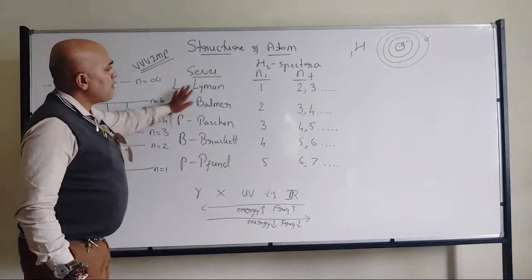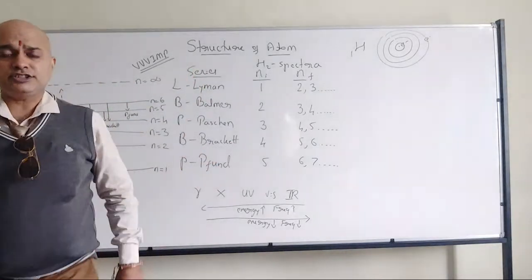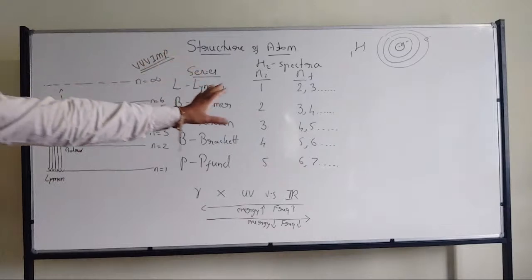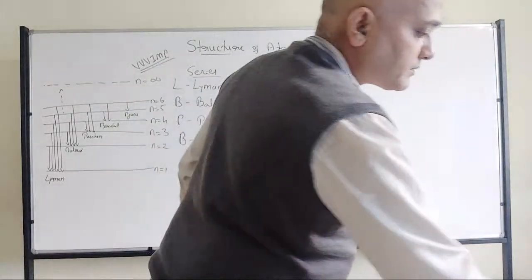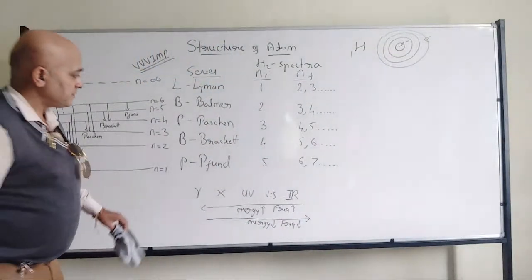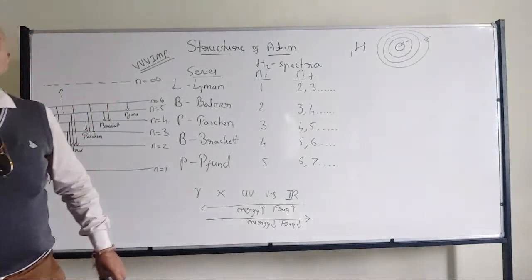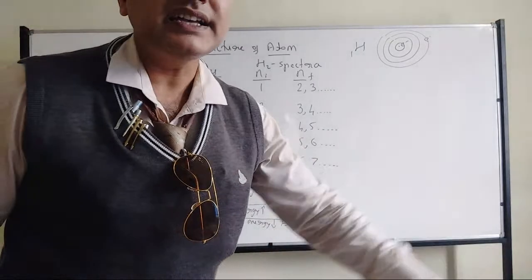Okay? Tell me, among these, which series can have the highest energy? Diagram is here, table is there. Whether Lyman series, Balmer series, Paschen, Brackett or Pfund, which series will give the highest energy?